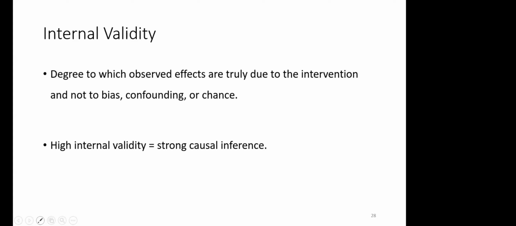So when we do interventional research, how sure are we that the effects that you're getting are due to the intervention that you gave, be it the drug, a public health program, or a surgical procedure, and not really due to bias, confounding, or just chance. So studies with high internal validity usually have a strong causal inference, like we're almost sure the effect is actually due to the intervention.